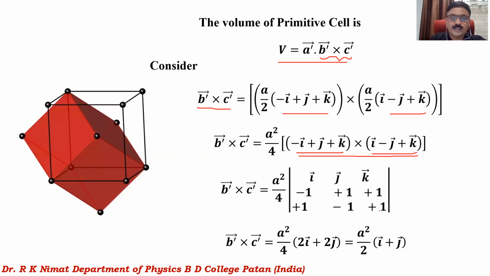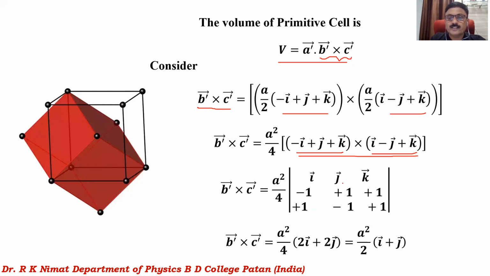So if you solve this determinant, you will get a square divided by 4 into, you can take unit vector i multiplied by (1 + 1), it will be 2i, minus j into (-1 minus 1).